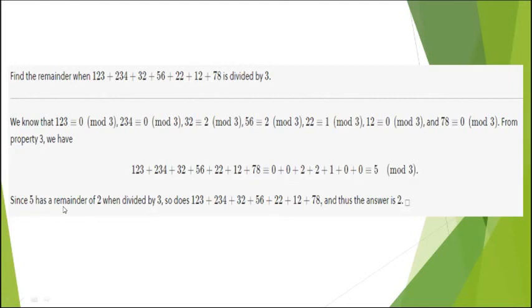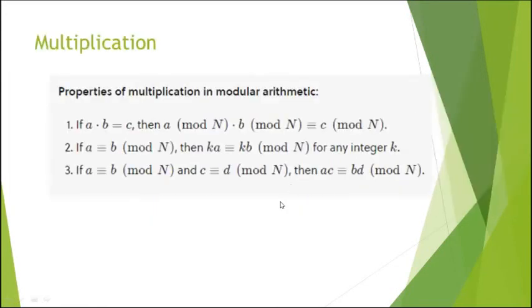So since 5 has a remainder of 2 when we divide it by 3, the sum 123, 234, 32, 56, 22, 12, and 78 has a remainder of 2. So that is our remainder. If we add these numbers, the sum is not divisible by 3. So that's our answer. Next, we have your multiplication.